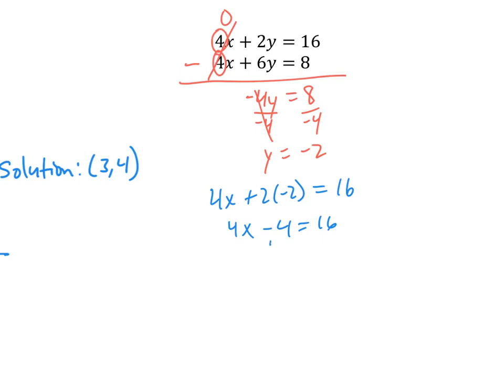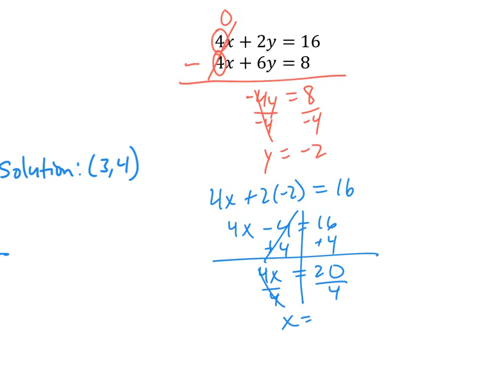Now we solve for x by doing inverse operations, so let's add 4 to both sides. Cancel out there. 4x is equal to 16 plus 4, which is 20. And then we divide by 4 on both sides. And x is equal to 20 divided by 4, which is 5.